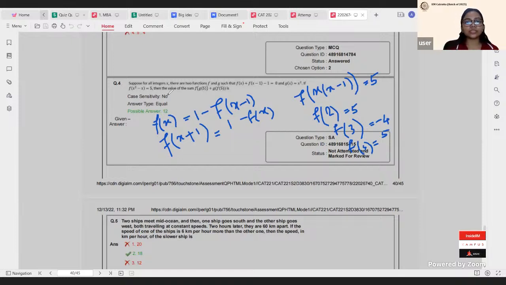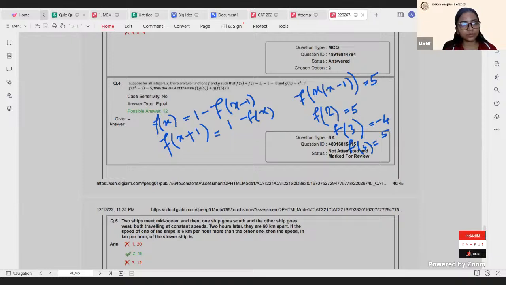So in order to find the sum of f of g of 5 plus g of f of 5, we can repeat the entire thing in such a way that g of 5 is 25, and f of 5, if we replace the value of 5 in the f function, will basically come around to be an odd number.